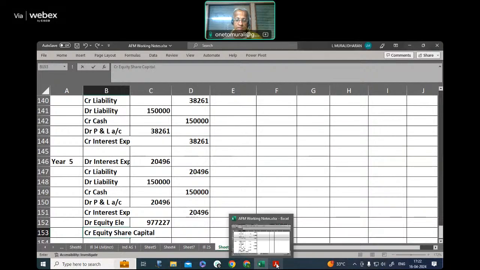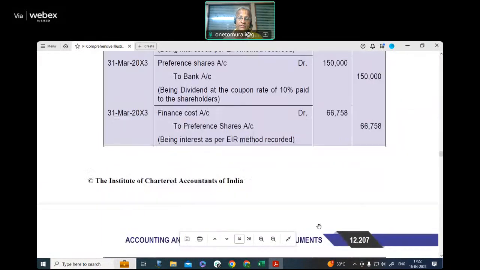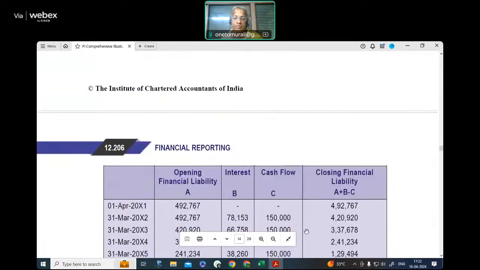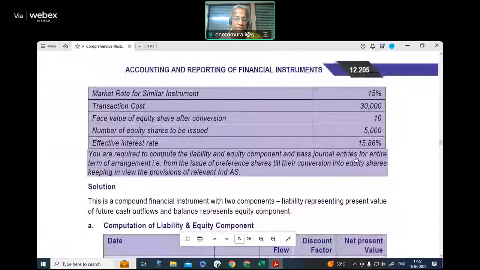How much is that? They mentioned in the problem what it will be converted into. They gave you the indication: 5,000 equity shares and face value is 10.